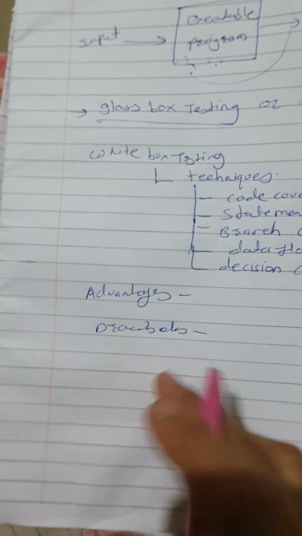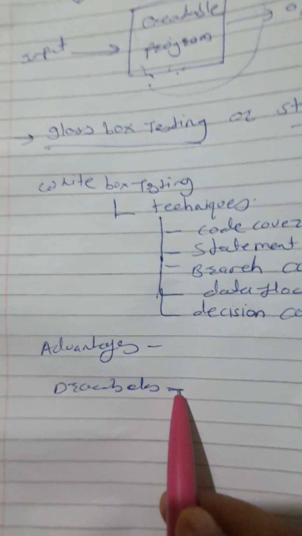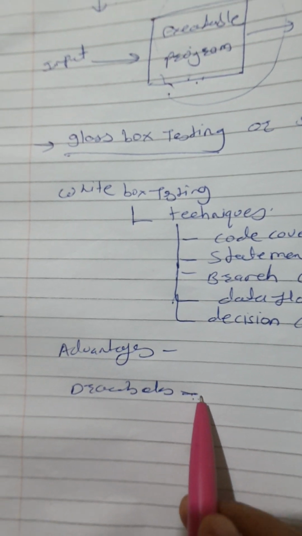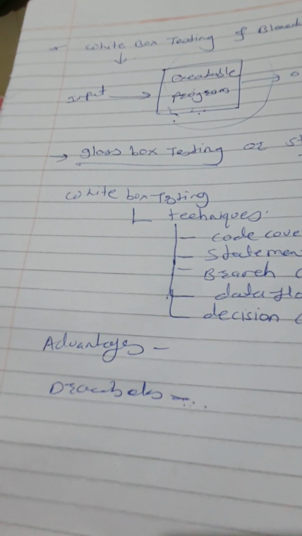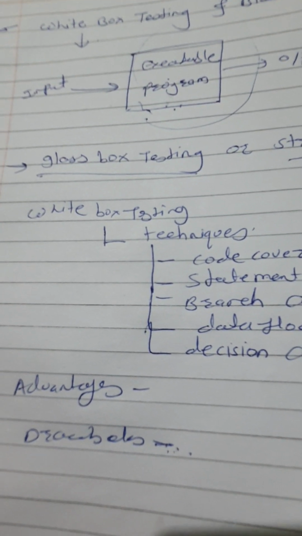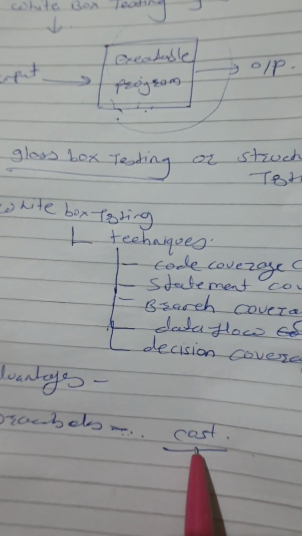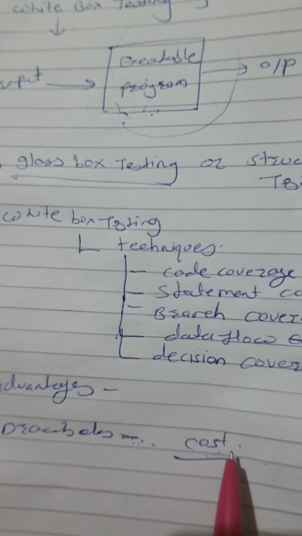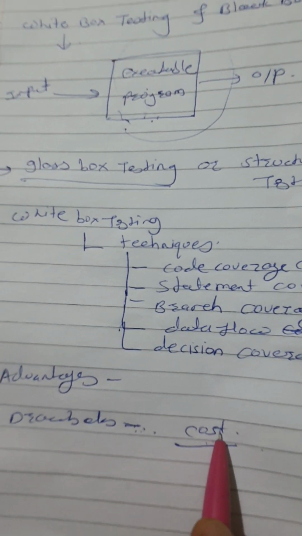The drawback is that the software tester must have knowledge of the internal source code, which is not always possible. The tester requires deep knowledge of that particular software, as well as multiple skills related to that system. And the second one is cost. It focuses on internal structure, so this technique has a little more cost as compared to black box testing.